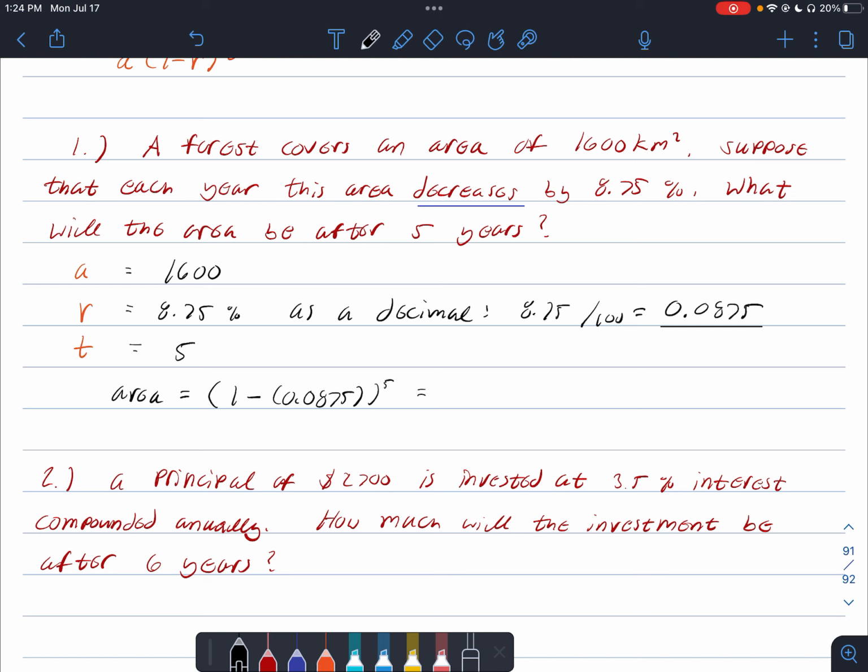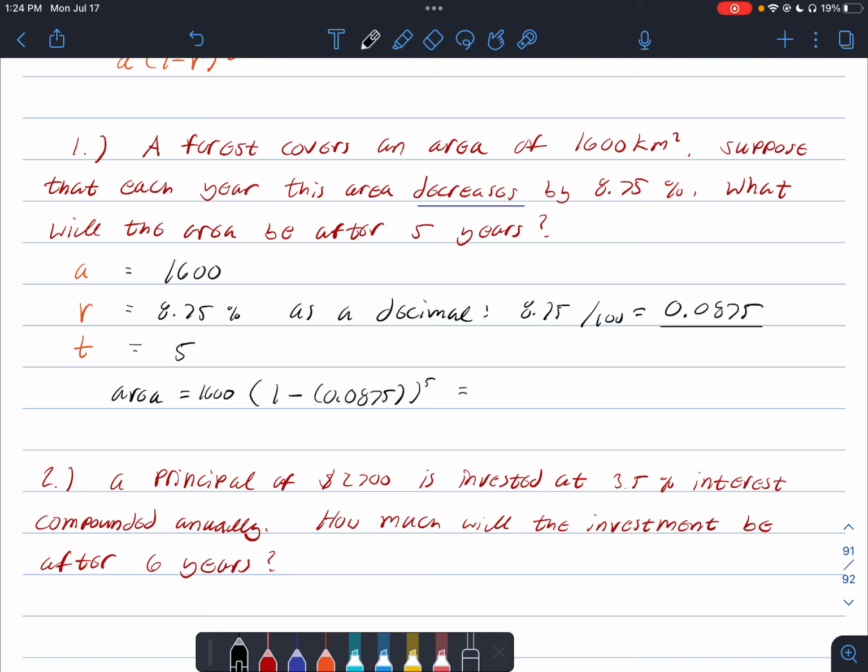So we're going to have 1 minus 0.0875, and we're going to raise this to the 5th power. Oh, sorry, I made a little mistake here when writing this out. I forgot to multiply this by A. Our initial amount was 1,600, so 1,600 times this. Sorry about that.